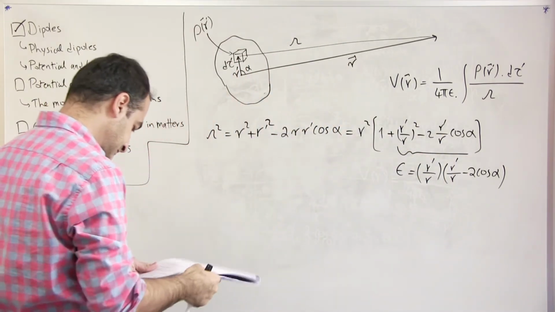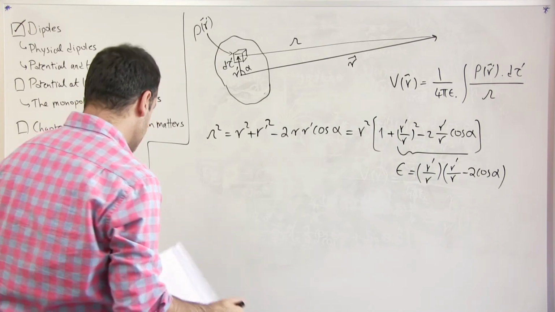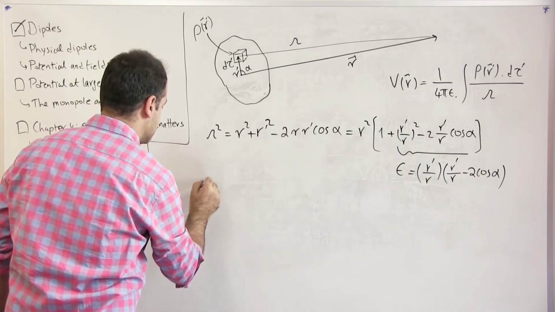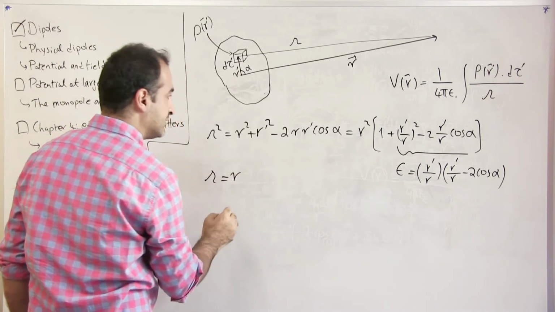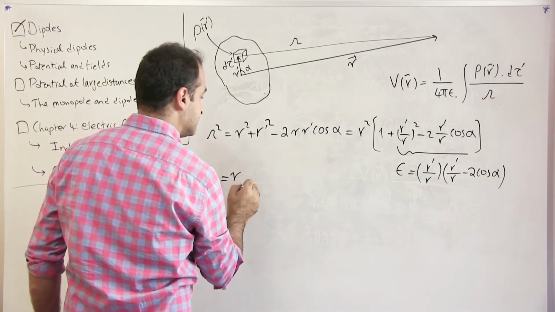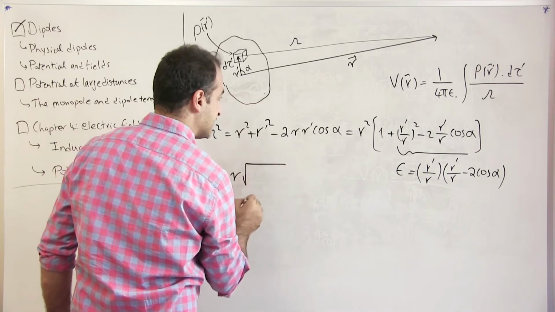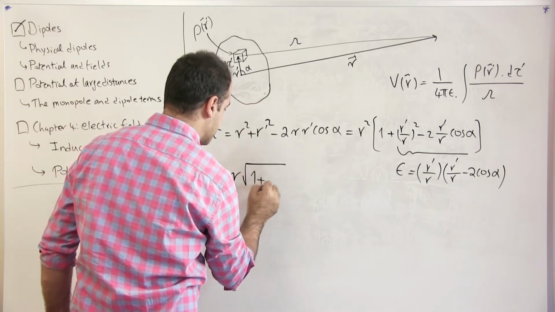Okay, so the distance has a form of r times the square root of 1 plus epsilon.